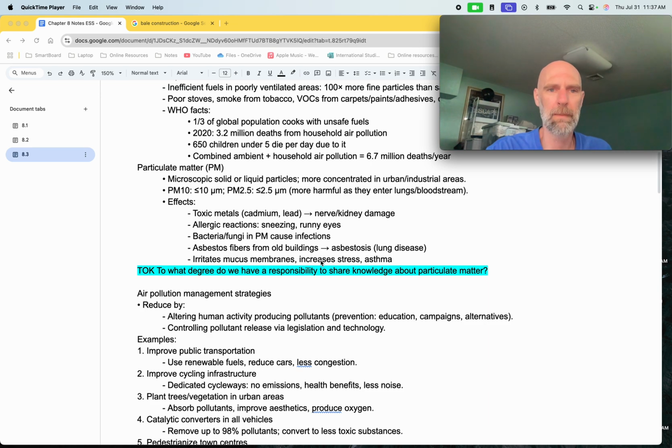Particulate matter, PM. Microscopic solid or liquid particles, more concentrated in urban industrial areas. Why? Because we have more people around. There's more of things. If we're off in the country, it gets spread out a little bit more. So, PM less than 10 micrometers. I don't know what that sign is. Let's look it up.